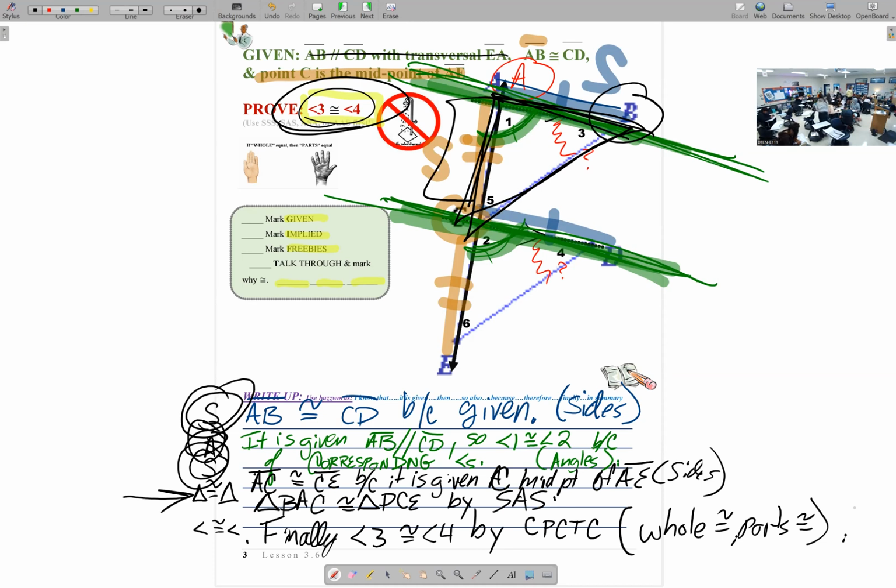One sentence each. So it's which sides are equal, which angles are equal.